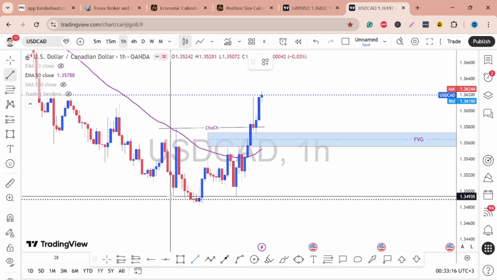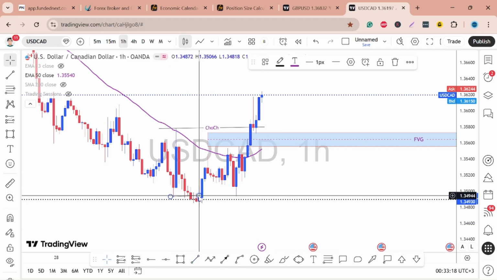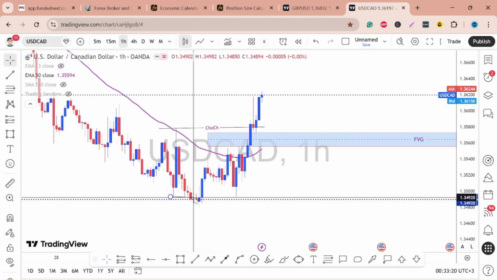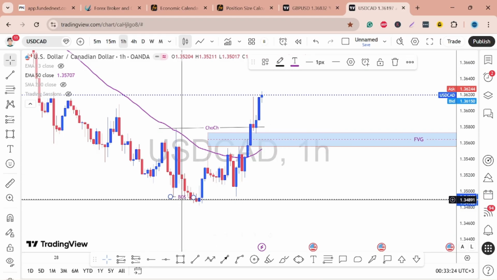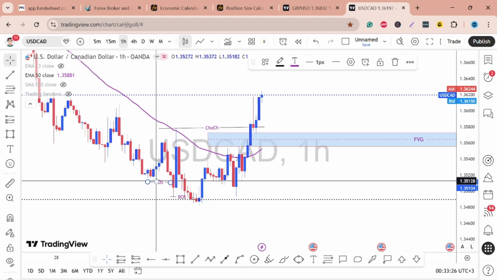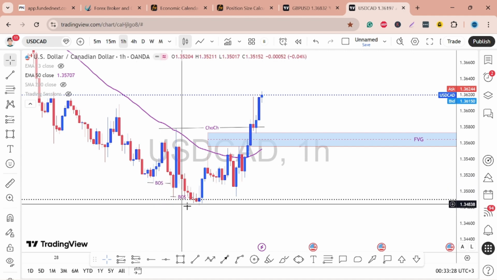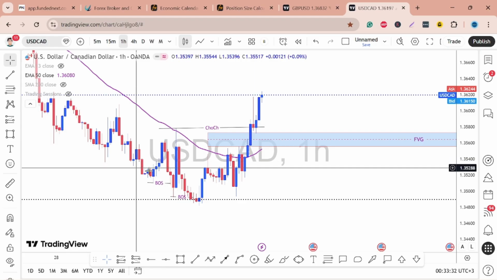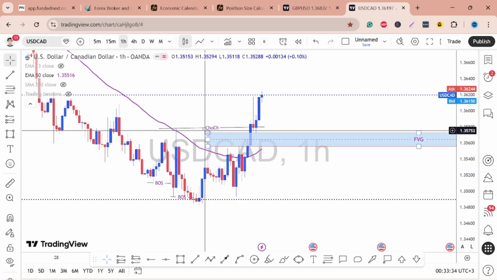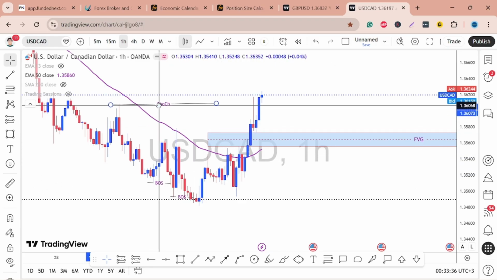Because this was the last break of structure, we had another break of structure here. Break of structure. We had another break of structure here.